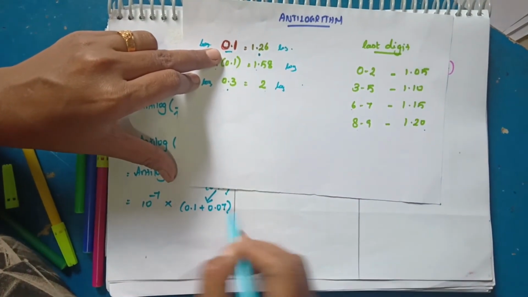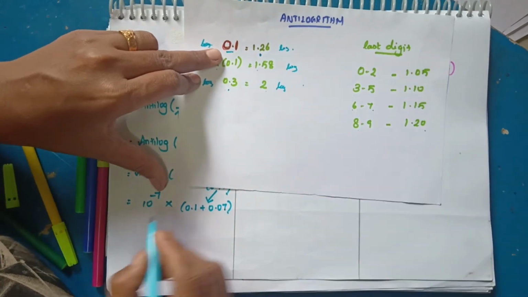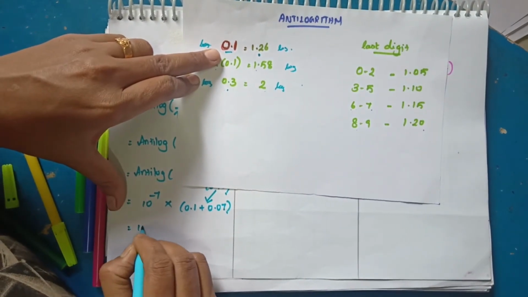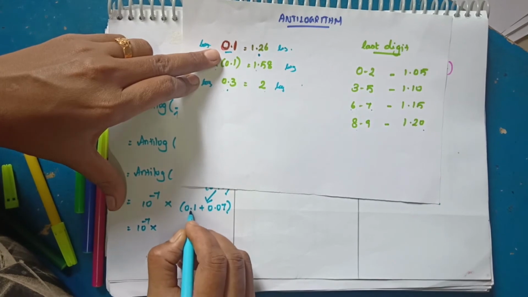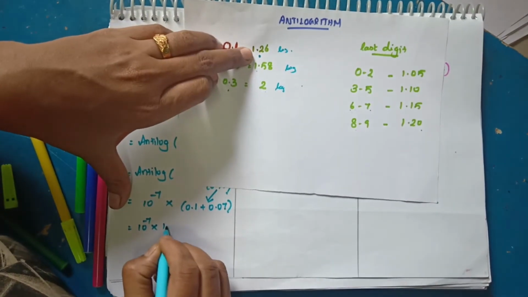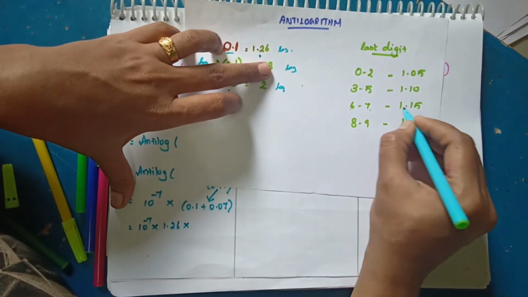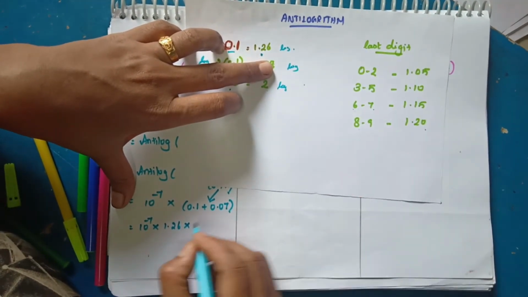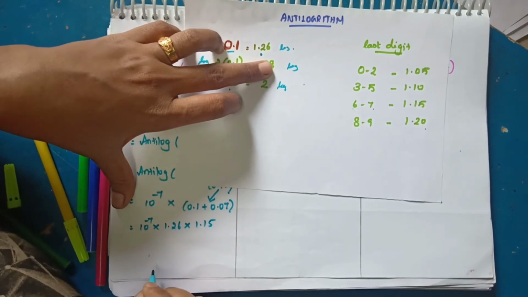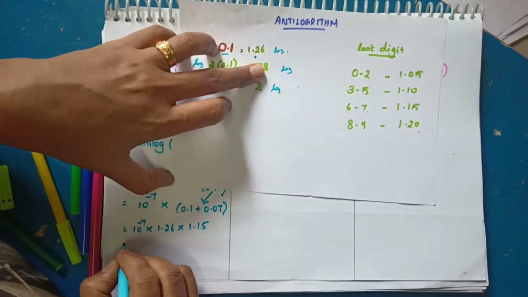If this is 7, 6 to 7 means 1.15. So 10 power minus 7 into 0.1, we are writing it as 1.26, and 0.07, the last digit is 7, so we are making it 1.15. Okay, so next step.